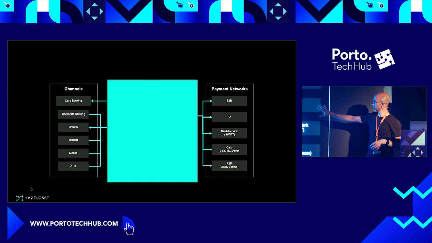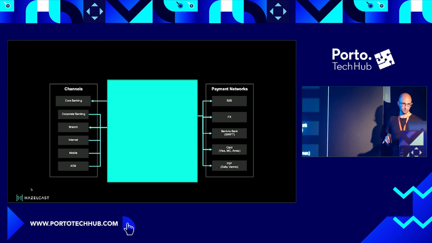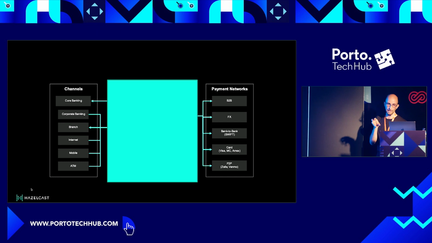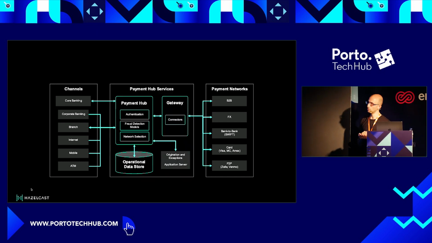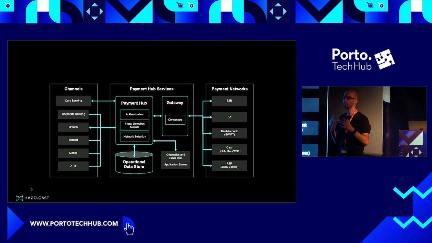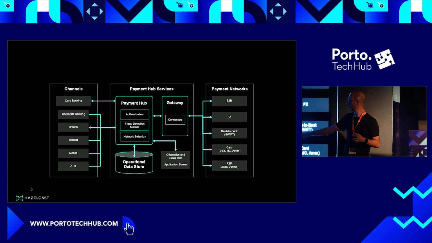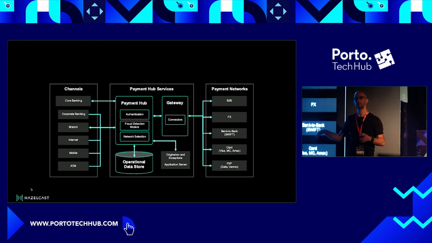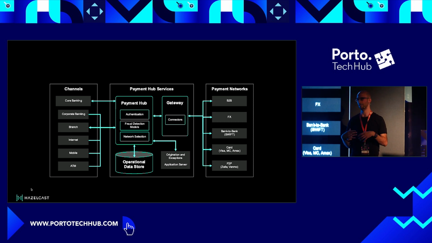So this Viridian box here is the main core element today. The payment hub service, essentially what you can do. The operational data store is not a database, it's not a physical database. We're talking about data stored in your memory.